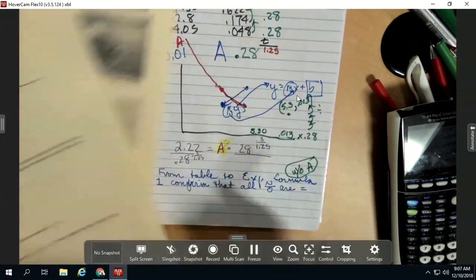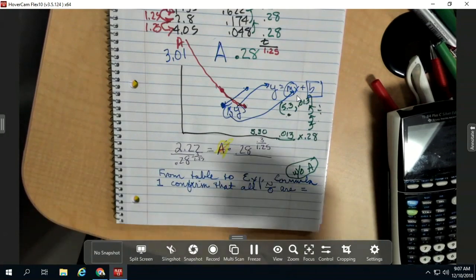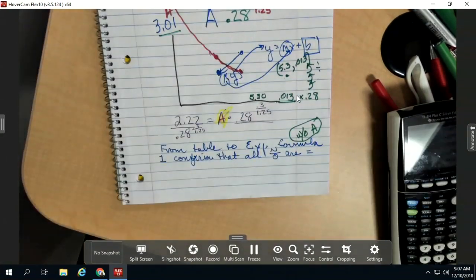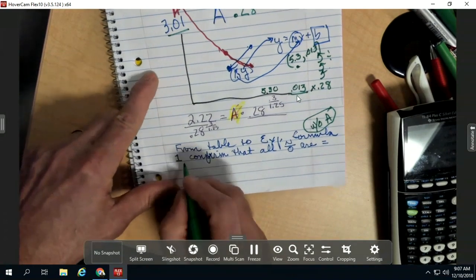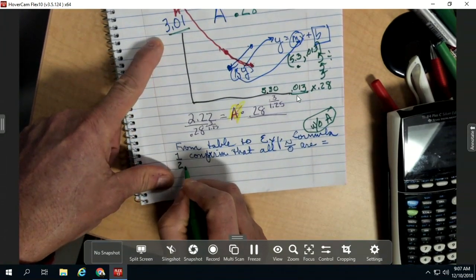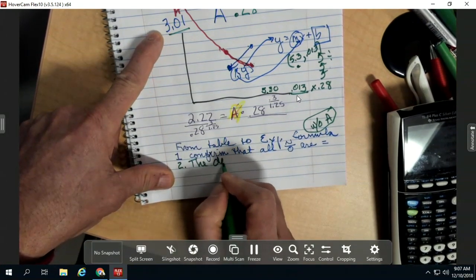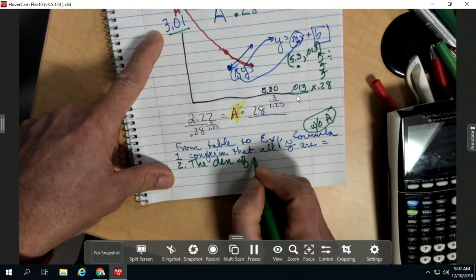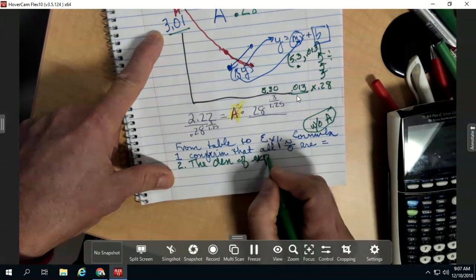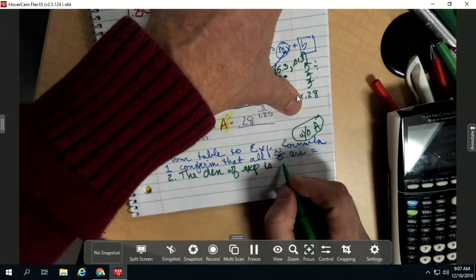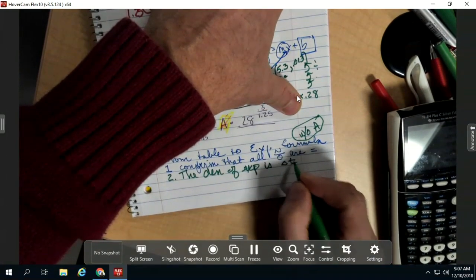3. Okay. And the number, we figured it out right there. But so step 1 is to get that ratio the same. Step 2, the denominator of the exponential is the change in time.